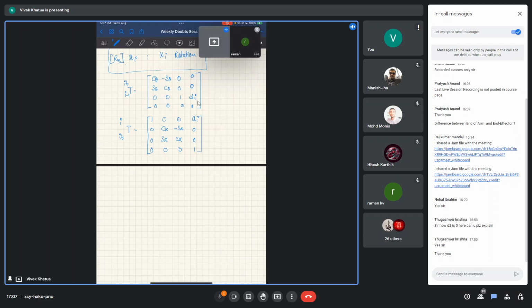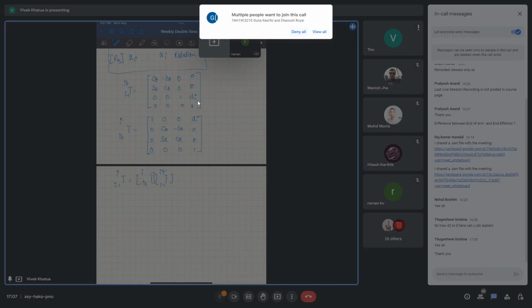And how do I reach from T i minus 1 to i? This is nothing but the matrix multiplication of these. So let us just multiply it and get to the final expression.